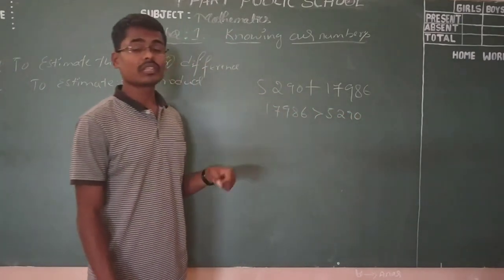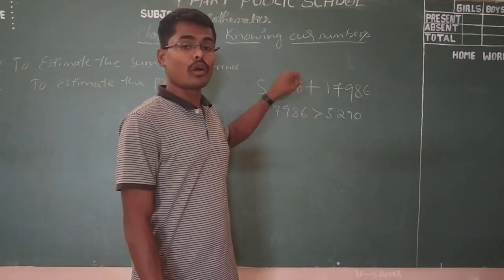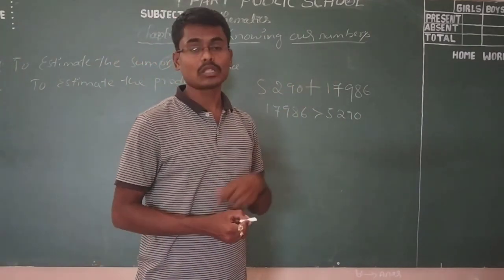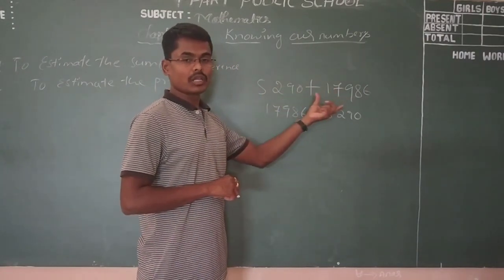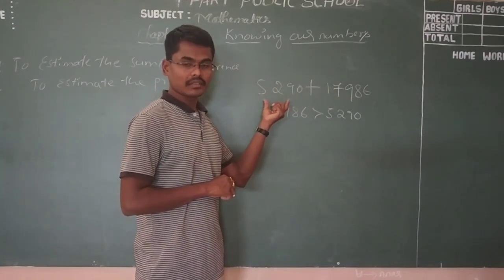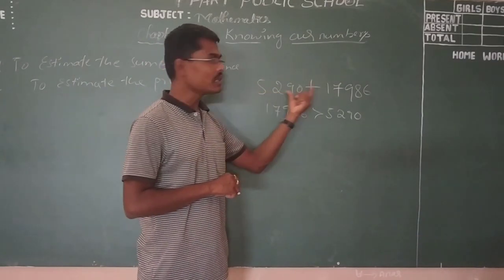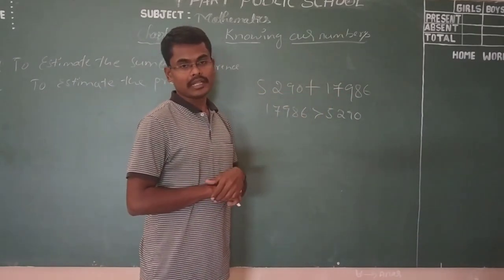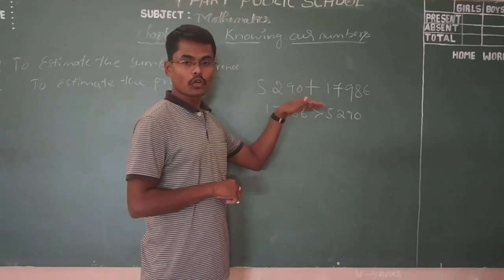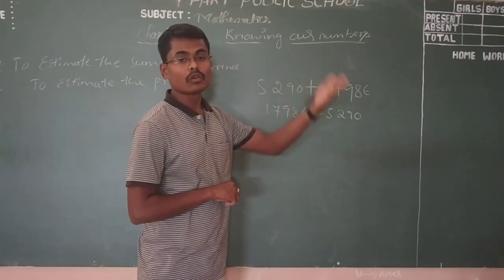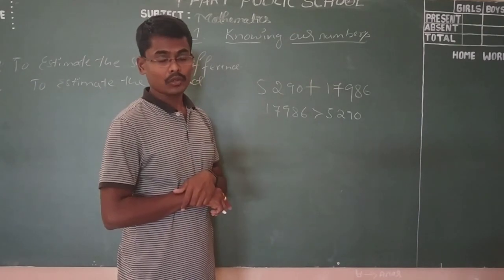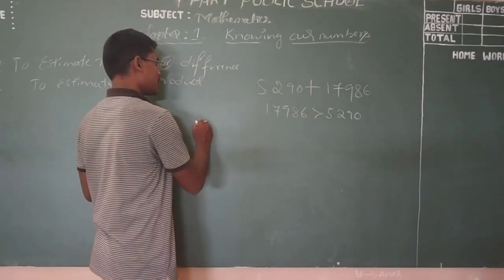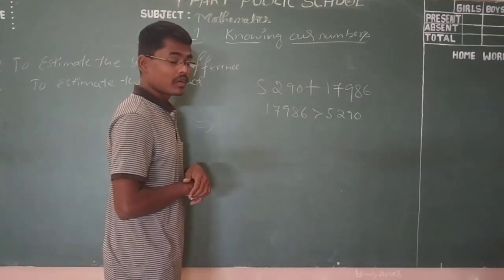And one more thing, it is given that you are going to round off to the thousands place. In these two numbers, the thousands place is there. You are going to round off to the thousands value. Then how can we round off the numbers?